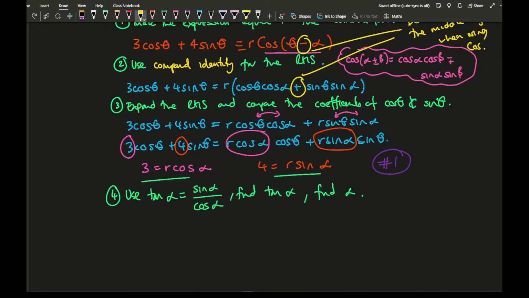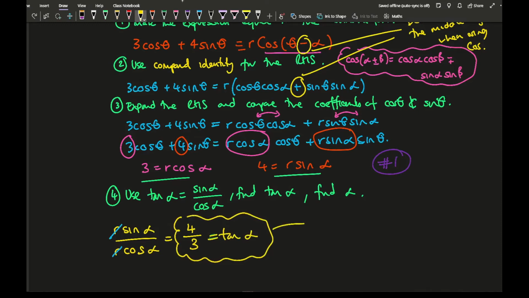So I know that r sine alpha over r cos alpha is going to equal 4 over 3. Now from this, I notice that the r's are going to cancel out, and sine alpha over cos alpha is going to give me tan alpha. So this is what I've got.